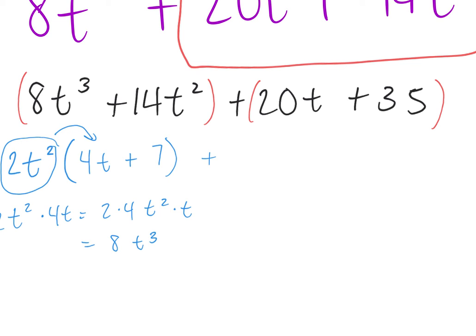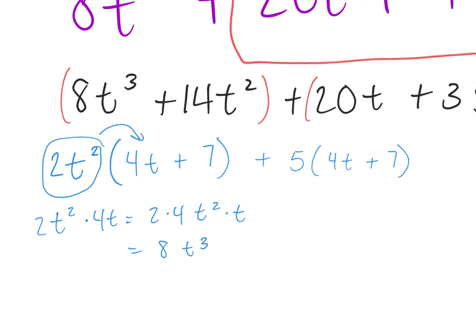Carlos? 5. Excellent. If we pulled out a 5, what would we have left over? Alan? 4t. Mm-hmm. And? Plus 7. Good.